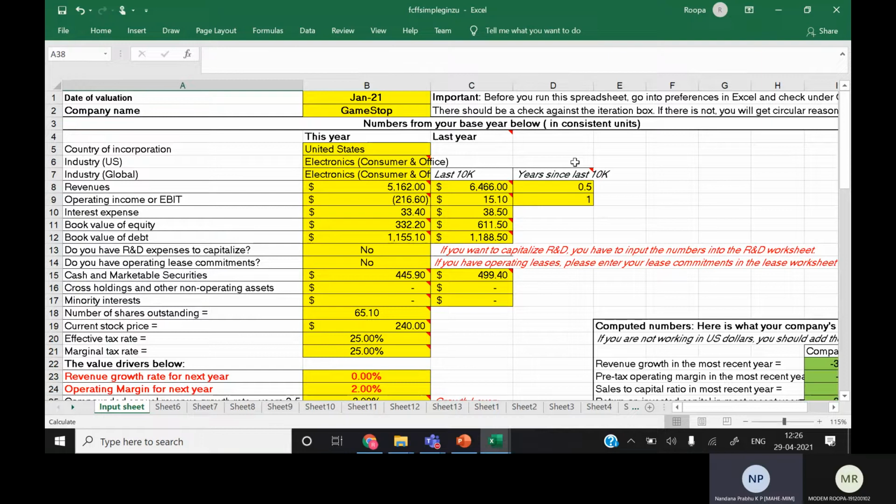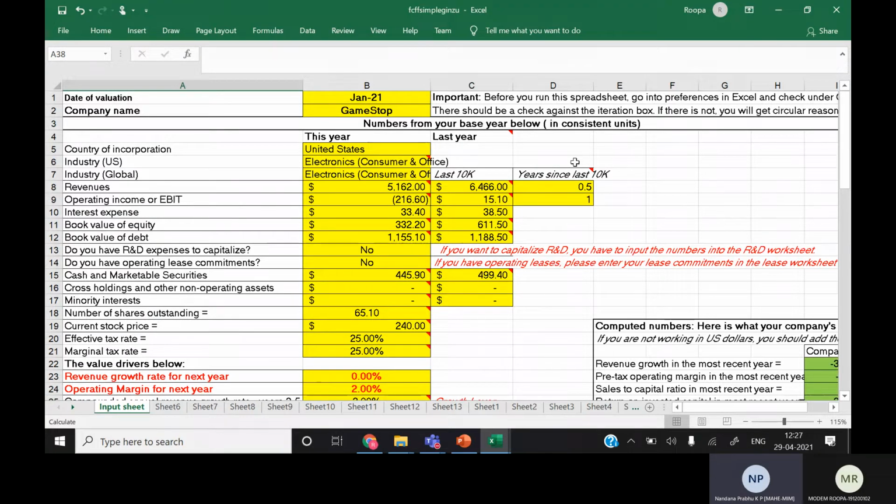R&D expenses and operating lease rentals are used as operating expenses, but we have to treat them as capital items. R&D will have to be converted as capital expenditure, and operating lease commitment will have to be converted as debt. That is what the R&D converter and operating lease converter do.